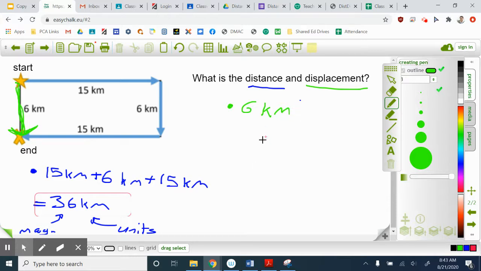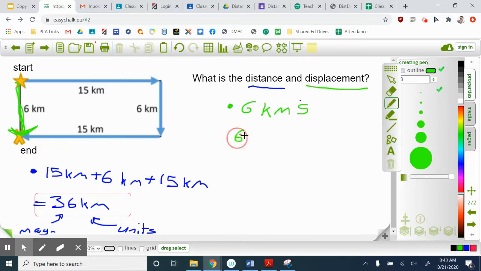But remember, we said that displacement was a vector quantity, meaning that it must have a direction. It must have a direction, always. If it does not, then it's not a vector. And it asks for displacement, so it must include one. So you could say 6 kilometers south.